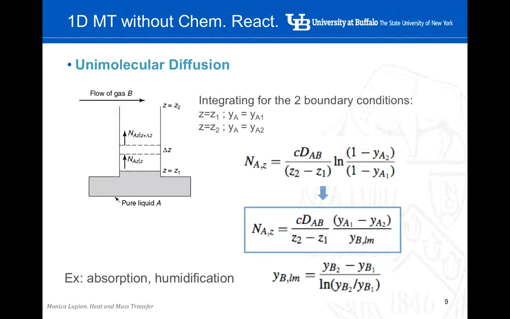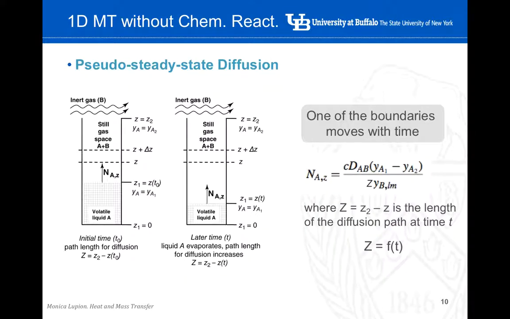There are many examples in industry that we can consider unimolecular diffusion. For instance, absorption, humidification, and there are others. The second situation is when one of the boundaries moves with time, and we call that pseudo steady state diffusion.